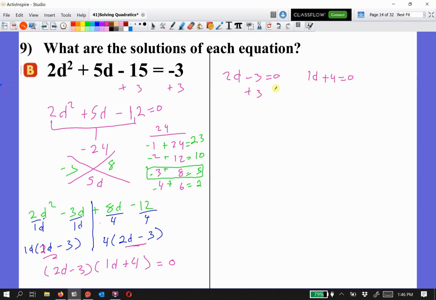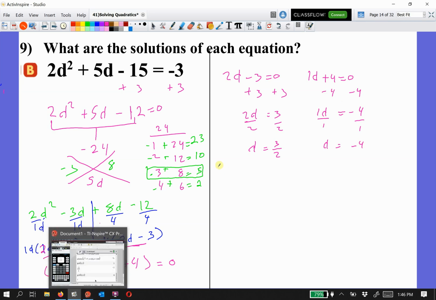Okay, plus 3, plus 3, divide 2, divide 2. D equals 3 over 2, that's fine. Minus 4, minus 4. Divide 1, divide 1. D equals negative 4. Okay, and solve.